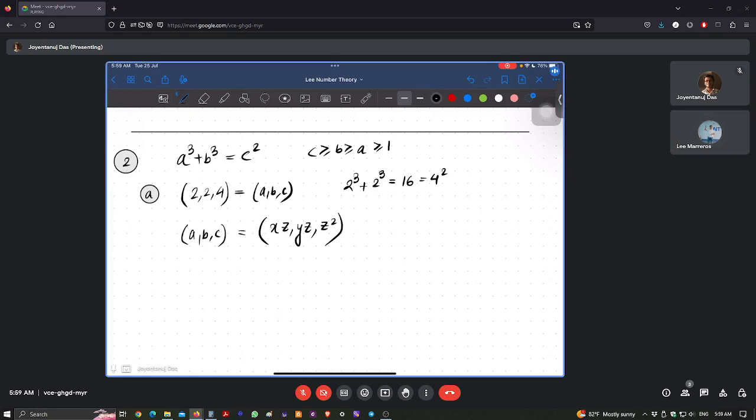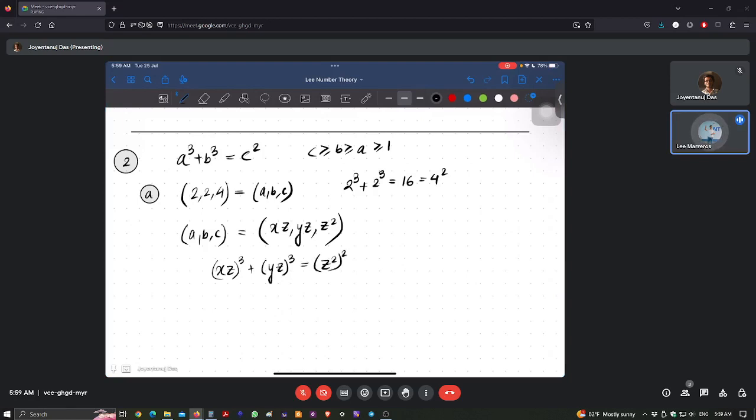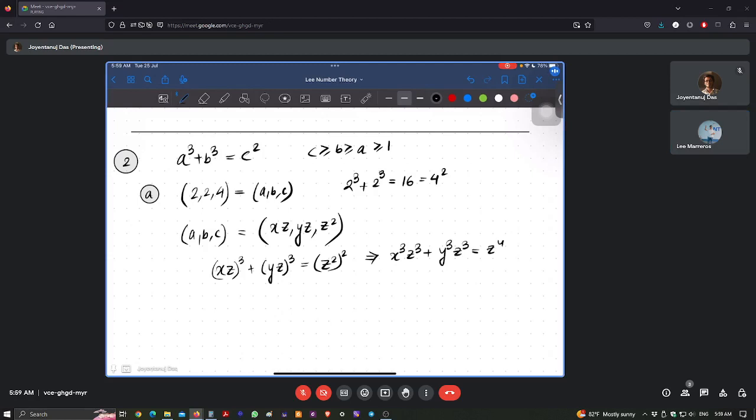If I just put them into the equation, this is like a parameterization already, right? If I simplify, it equals z power 4, right?